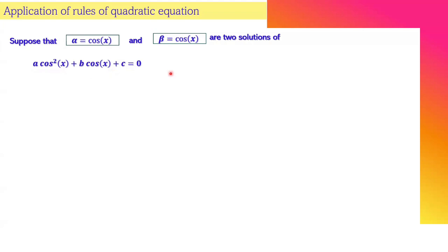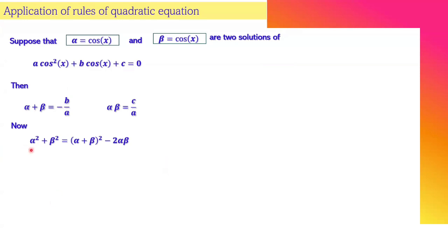Then by the rule of the quadratic equation, we know that the sum of the roots, alpha plus beta, will be minus b over a, and the product will be c over a. Now from there we will calculate alpha square plus beta square. Why we are calculating this we will know after some steps.